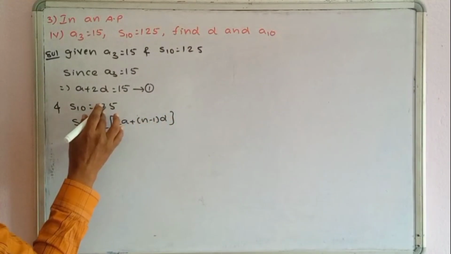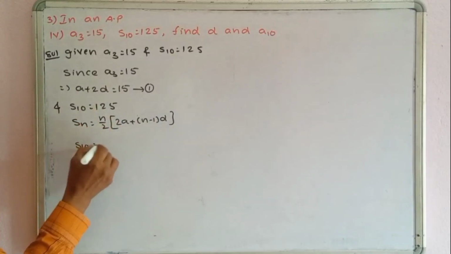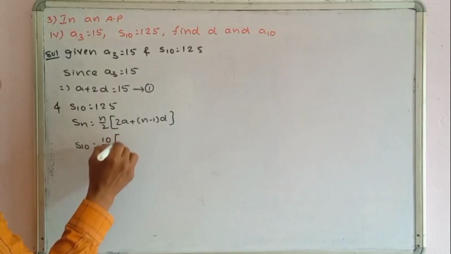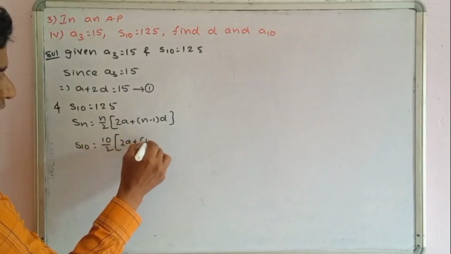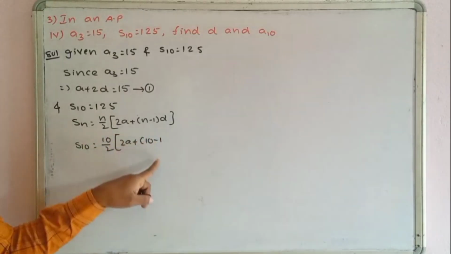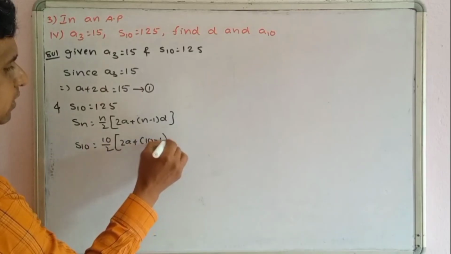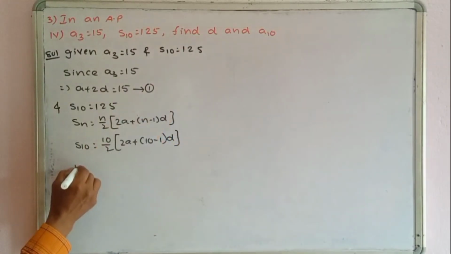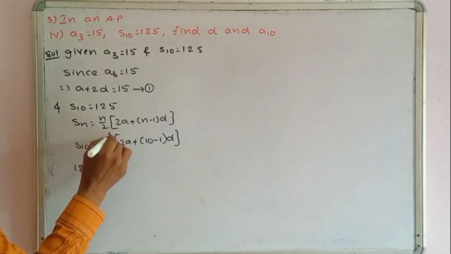Now I want S10. S10 equals n by 2. Here n equals 10. 10 by 2, (2A plus (10 minus 1) D). D value I don't know. S10 value is 125. 2 how many times? 5 times.